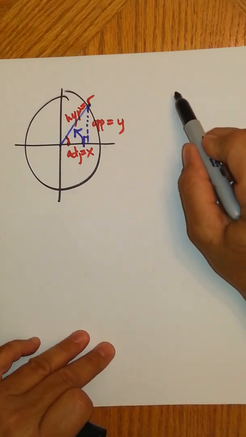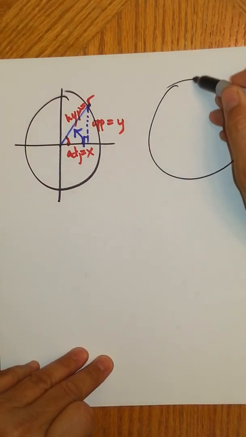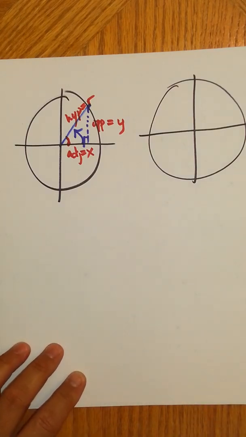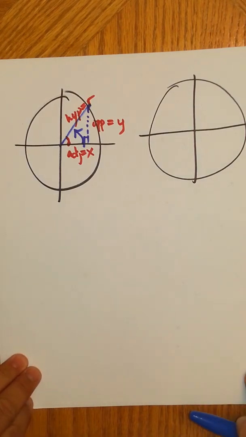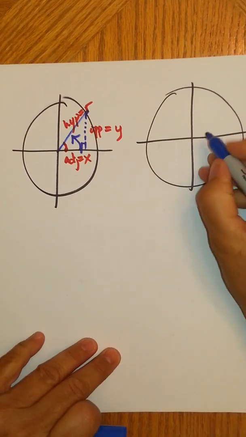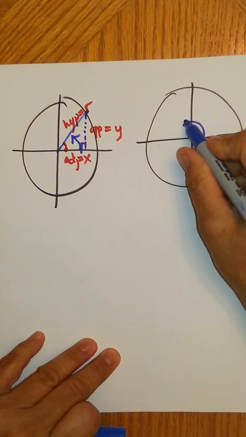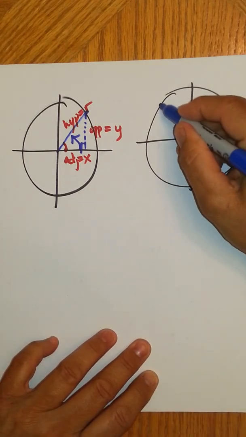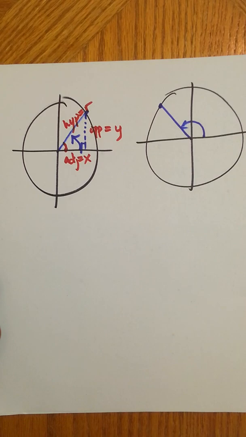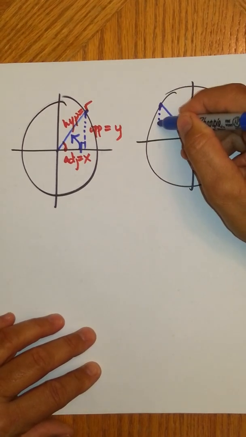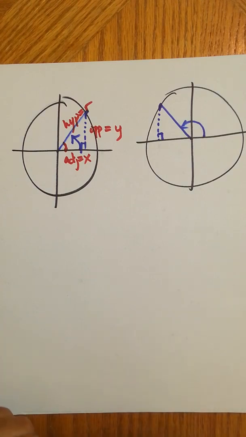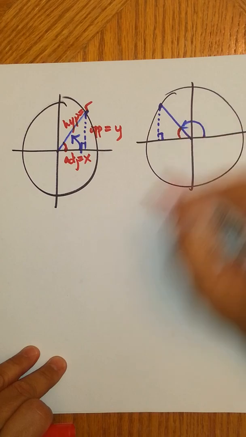And does this happen in every quadrant? Yes. So let's take a look at the second quadrant. Let's suppose I rotate a certain angle, and I'm in the second quadrant. There's my angle right there. But remember, I have to drop a perpendicular to the x-axis to represent that angle. And then my reference angle is this one here.